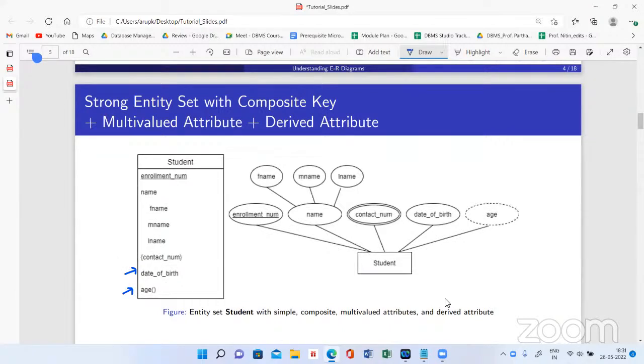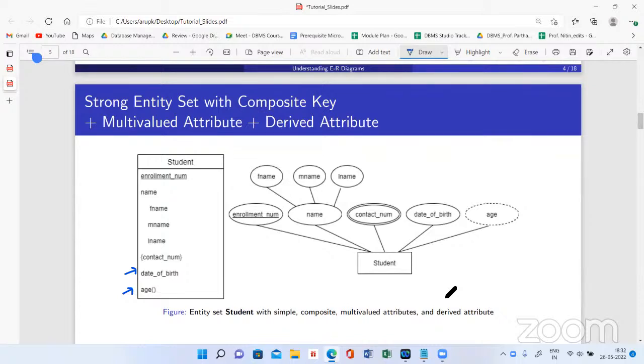Do you need both the attributes to be stored in the database? No. It's a waste of storage, right? Because if I just store the date of birth, I can calculate the age. So what should be a good idea? Only date of birth, and whenever required, I'll calculate the age.